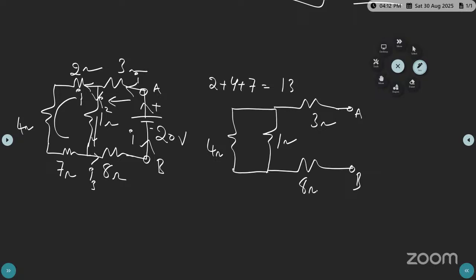Again, the same: current leaves from the positive terminal of the voltage source, travels anywhere and returns to the negative terminal.